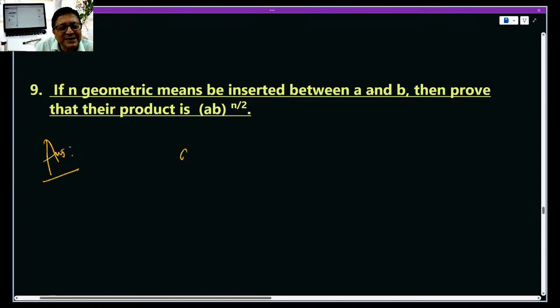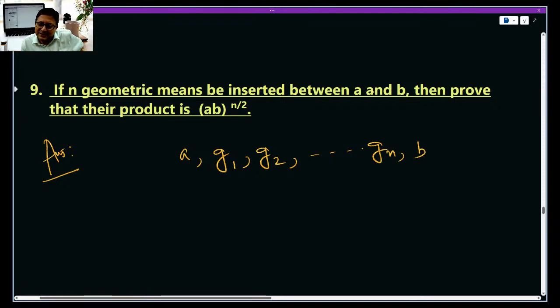The geometric means you take in this manner: A, G1, G2, G3, Gn and B. These G1, G2, G3, Gn are the means taken in between A and B. Okay?